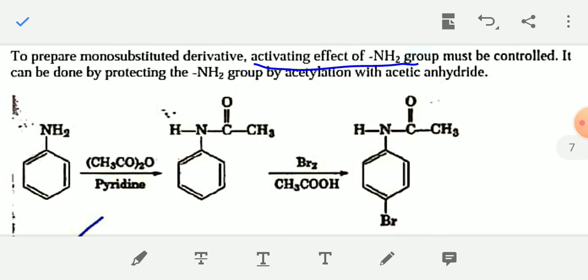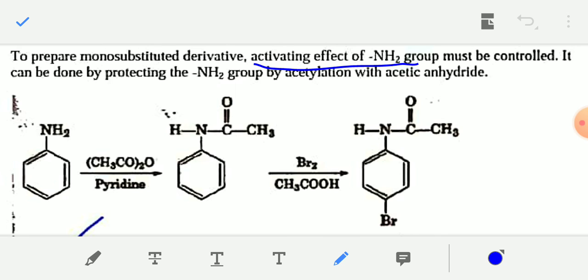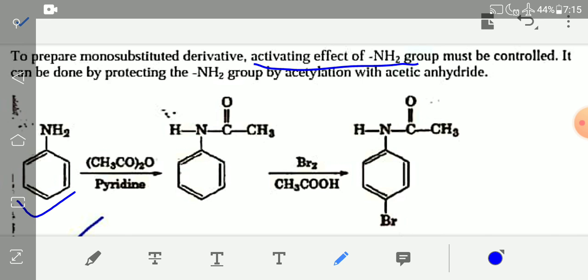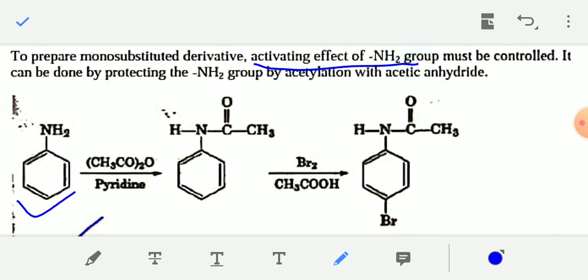So when aniline reacts with acetic anhydride in pyridine, (CH3CO)2O, this is acetic anhydride, this acetic anhydride reacts with the NH2 group of aniline, and it will be converted into acetanilide.